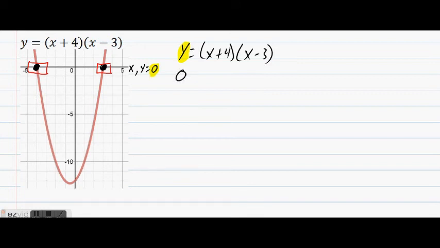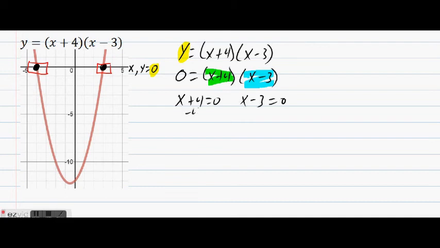Alright, so I have 0 is equal to x plus 4 times x minus 3. Again, set each one of these factored forms equal to 0. So x plus 4 equals 0, x minus 3 equals 0.